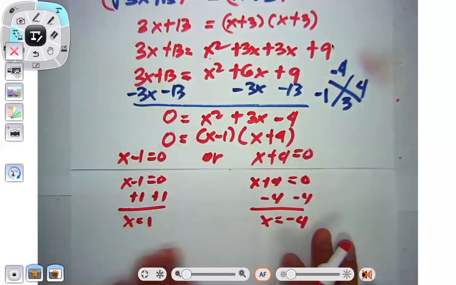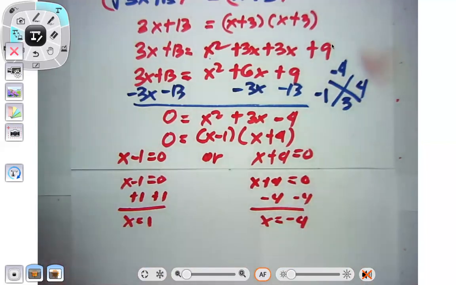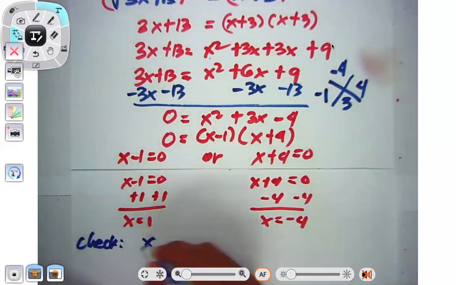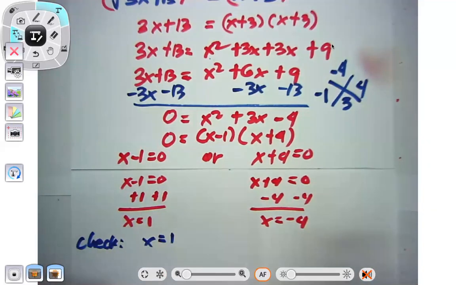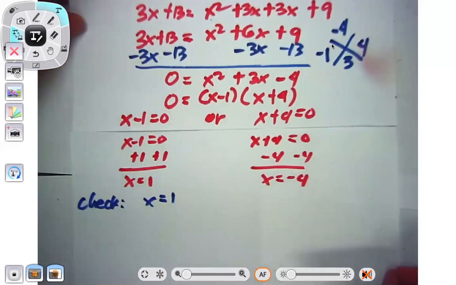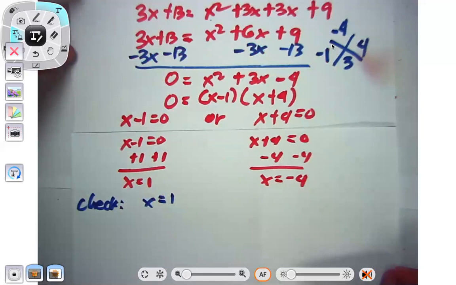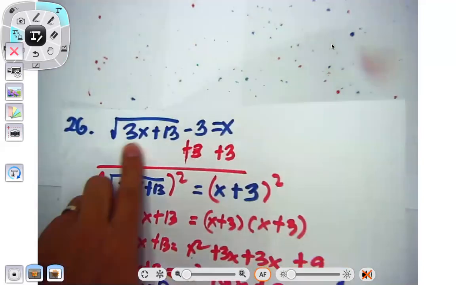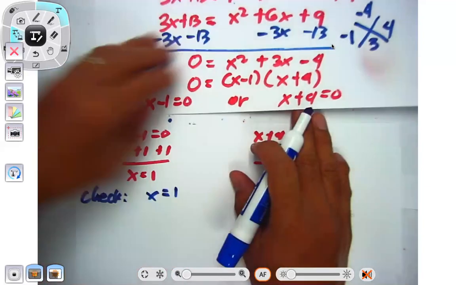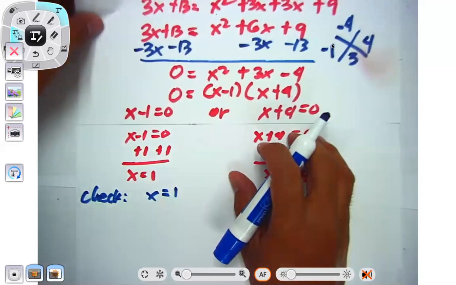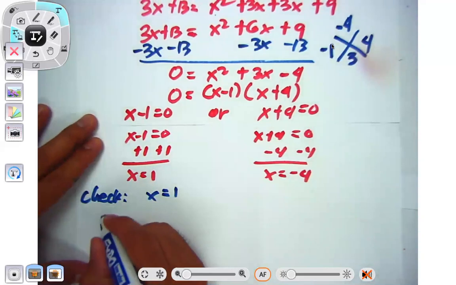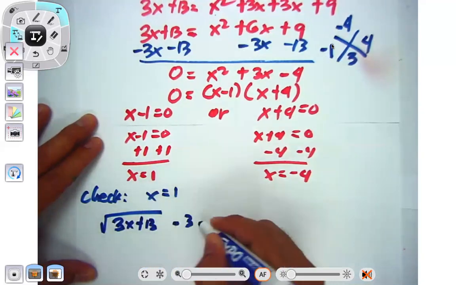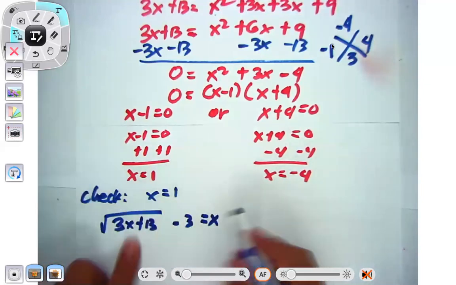Let's see which of these is a solution. So we need to check. Check x equals 1. We used the original equation a while ago. It's this, right? So let's plug in 1 to x.